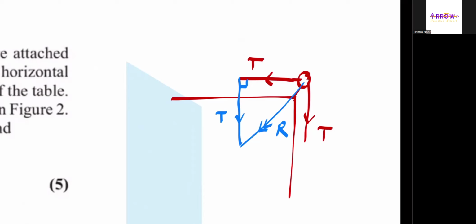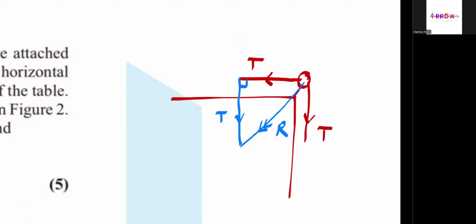One more thing you need to understand is that the angle between the two tensions is 90 degrees. These two tensions are perpendicular to each other.